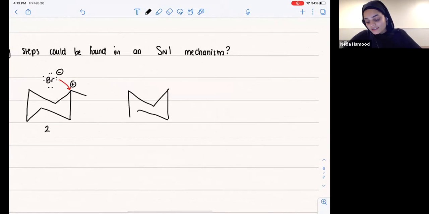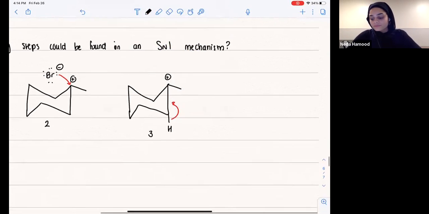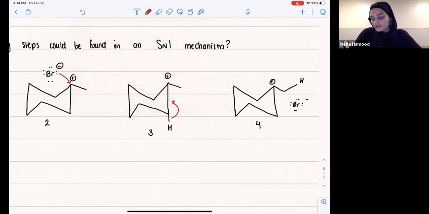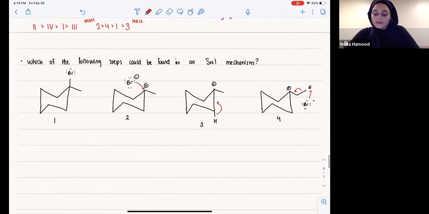So just in case, familiarize yourself with these. You have a plus on this, hydrogen, 3. Let's say the hydrogen is moving there. And the last one looks like this, which is 4. Let's say we have a hydrogen here, and a bromine with a minus charge goes to grab this hydrogen and forms a bond there.